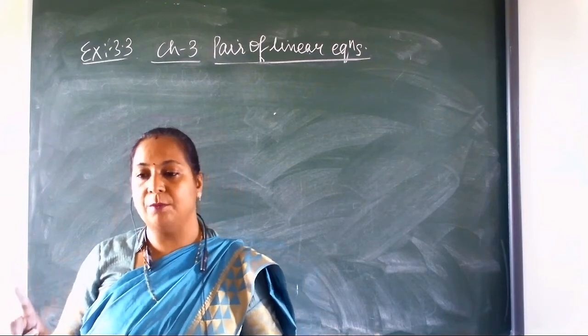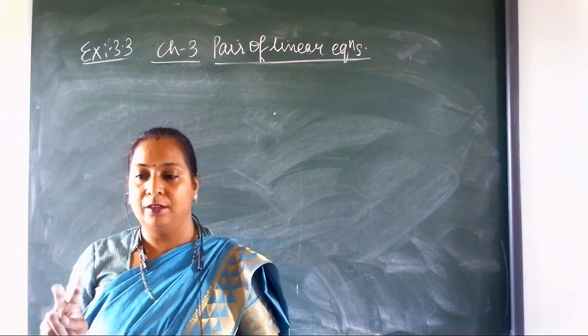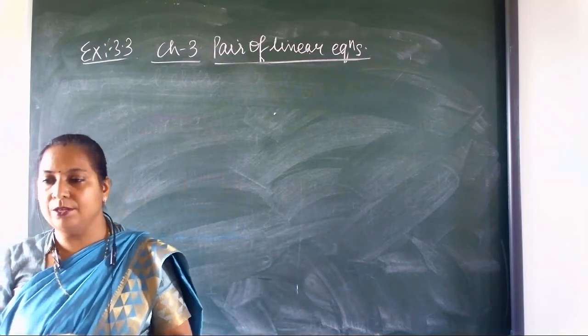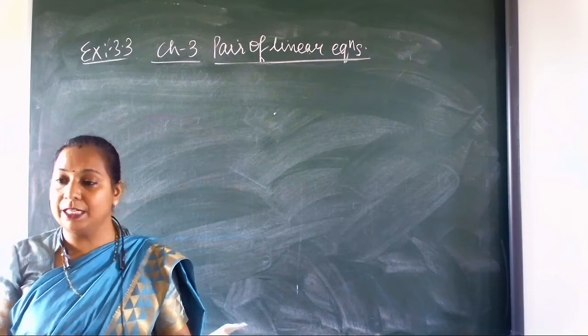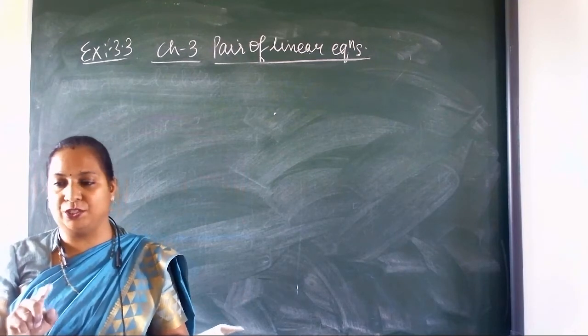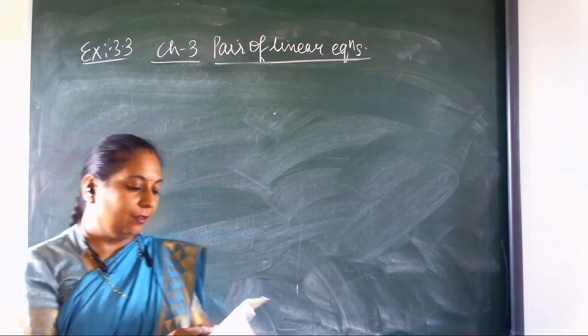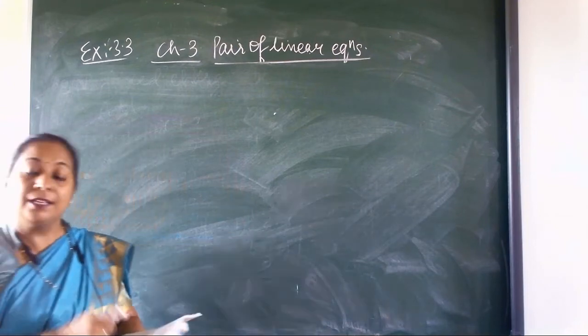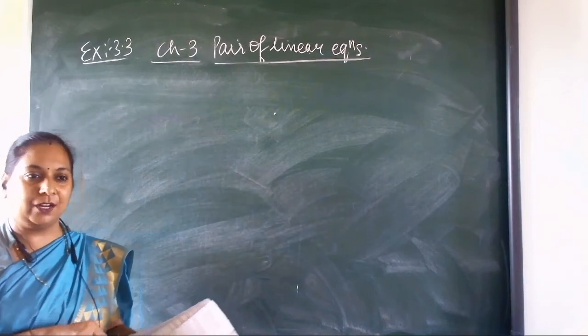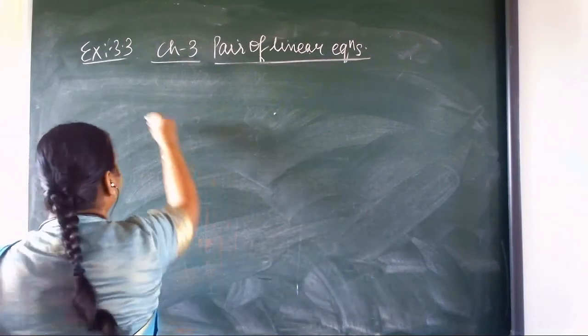So first we suppose the age of Jacob and his son. According to the question, what is the condition given? According to that condition, we have to suppose the age. Means the present age of the son is x and the present age of Jacob is y. Clear?